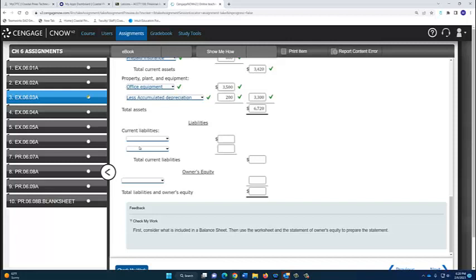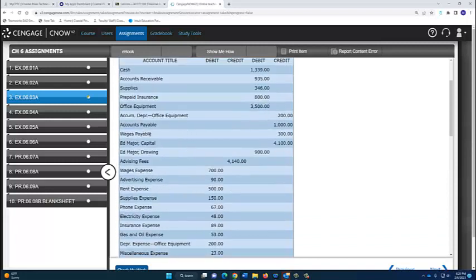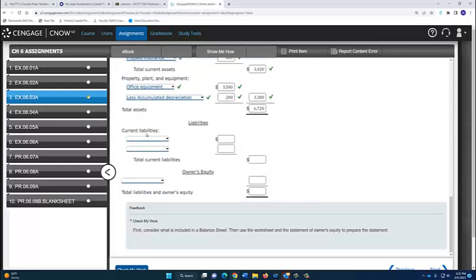We don't have any long-term liabilities, which are those that would come due in more than a year, but we do have some current liabilities up here, and they are accounts payable and wages payable. So accounts payable, wages payable, and those figures were $1,300. So the current liabilities total $1,300.